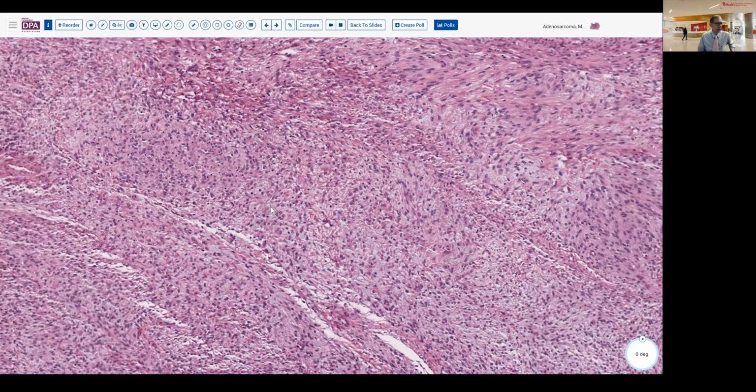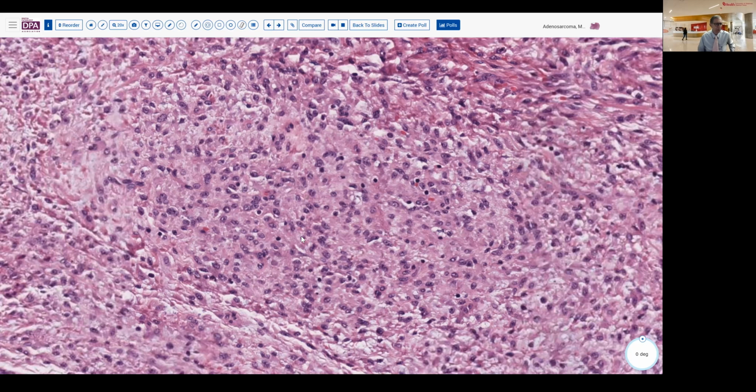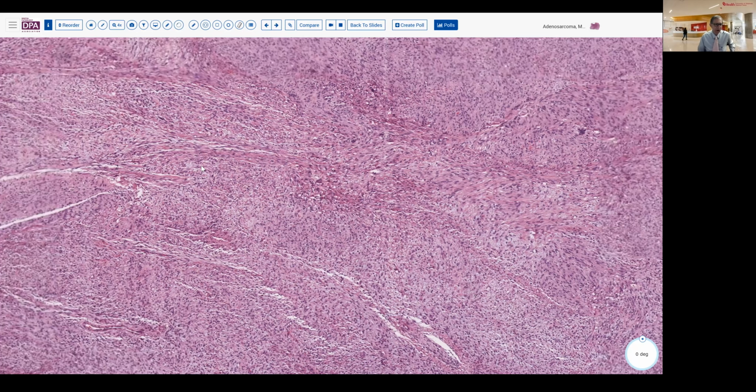It doesn't look particularly like endometrial stroma per se, and the pattern of invasion is not quite the worm-like invasion that you often get with that, but it's certainly an infiltrative pattern. Now, how did we get there from placental site nodule?